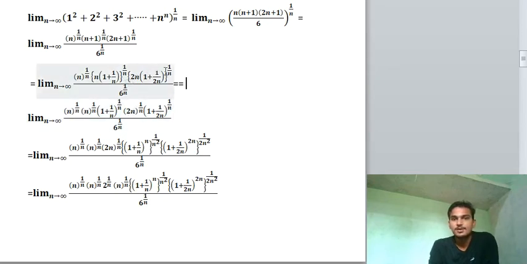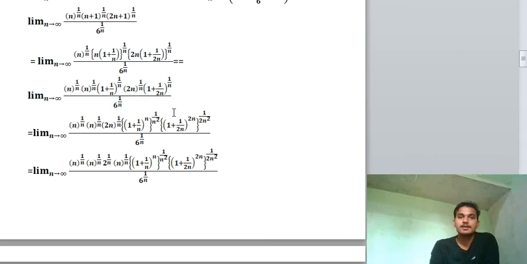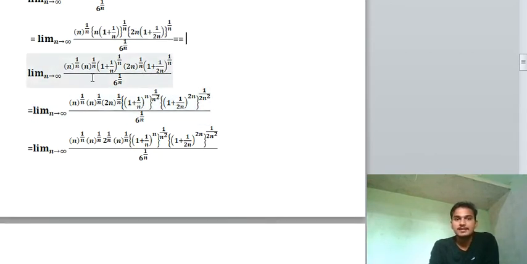Similarly, this is 2n to the power 1 by n into (1 plus 1 by 2n) to the power 1 by n. So we will arrange it. This is n to the power 1 by n, this is also n to the power 1 by n, and we will bring this 2n to the power 1 by n here.